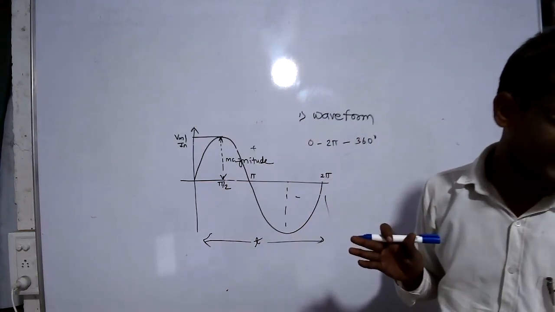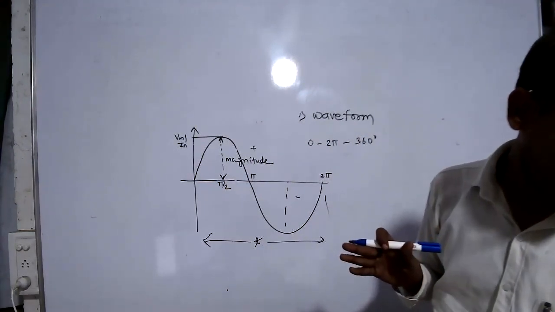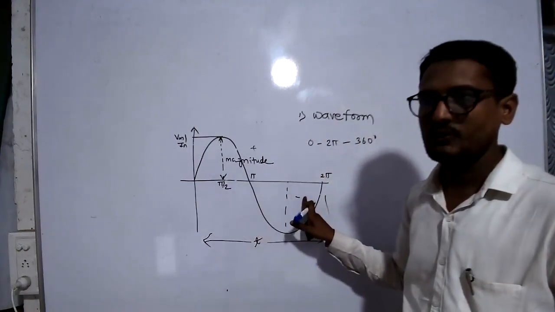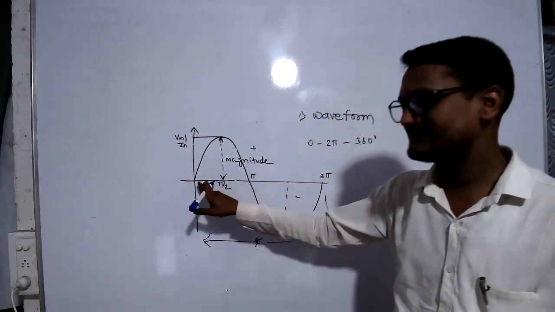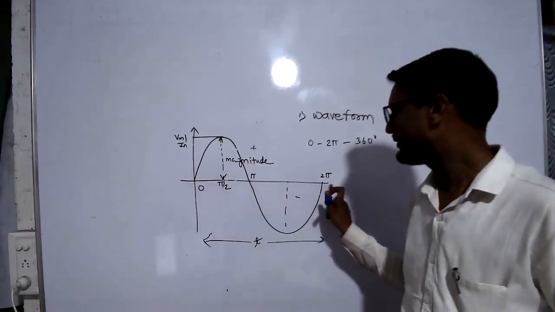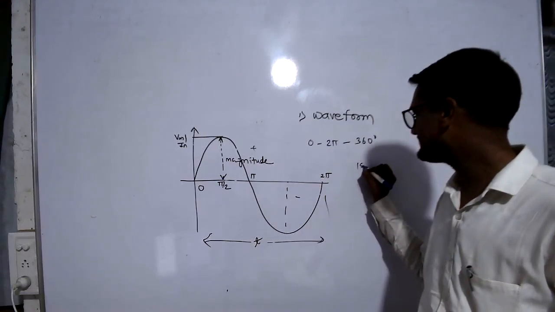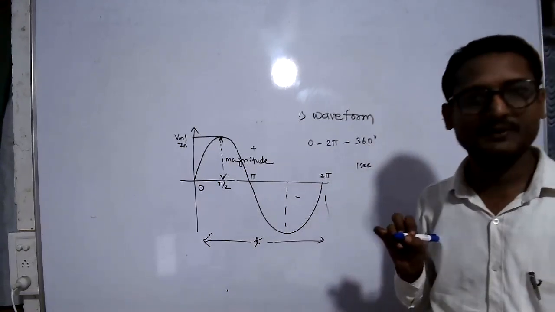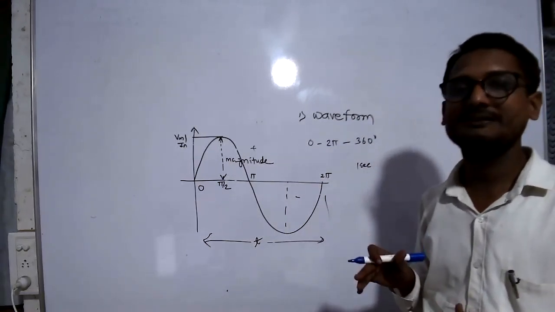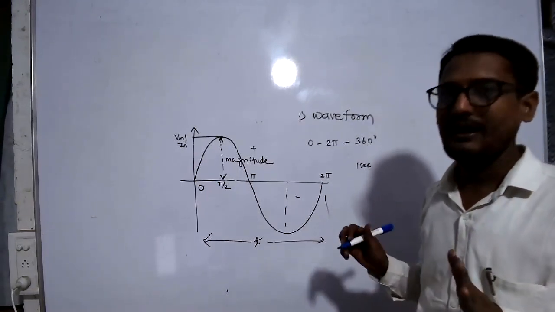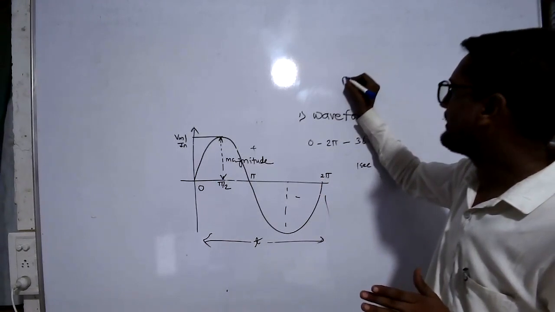Then the next definition is frequency. What is frequency? The one cycle starts from 0 to 2 pi. The number of cycles completed in 1 second is called frequency.